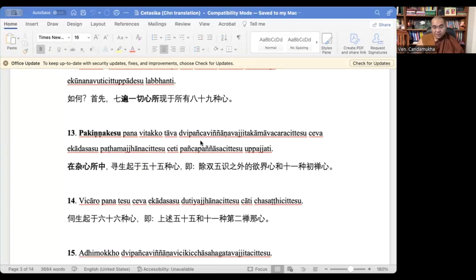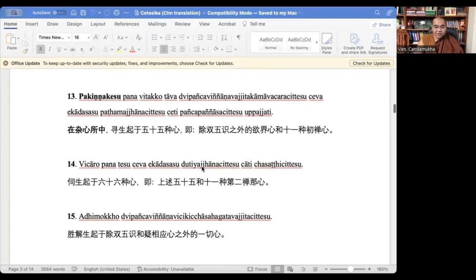So in the second, third, fourth and fifth jhana, Vitakka is not available, because it is abandoned by the spiritual development. So that is one method.